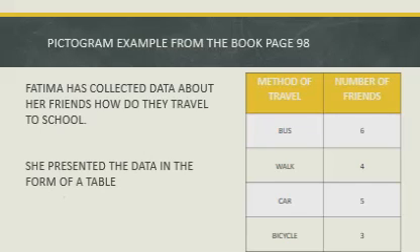We have different methods of traveling. Her 6 friends travel by bus. Some students are going to school by walk. Some are traveling by car. And 3 students are using bicycle to go to school.